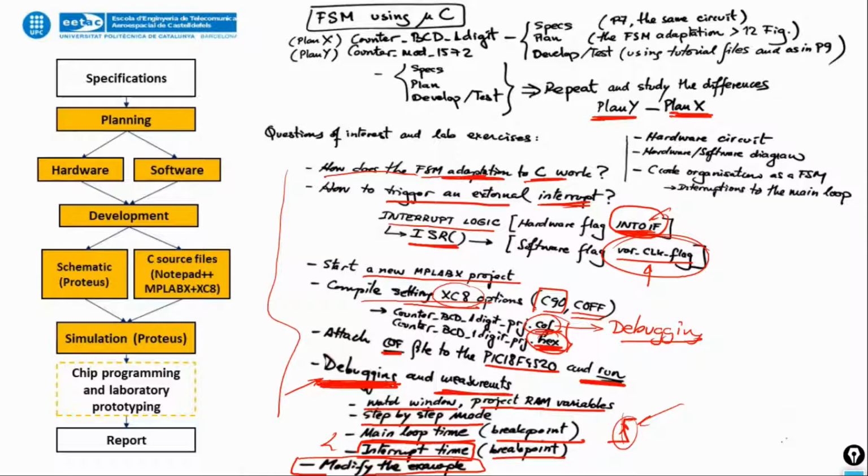Add new features. For example, if this is an up counter, you can very well transform it into an up and down counter. You can make it reversible. Things like that, okay? These things are up to you because this is a never-ending story. You will never end imagining new and different circuits all the time. Okay?